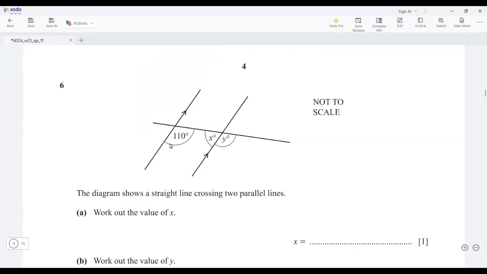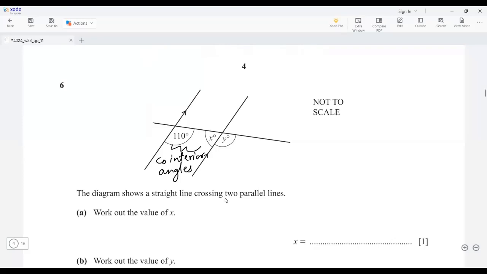So angle 110 and angle x are both known as interior angles, but in simpler words, we can call them co-interior angles. Co-interior angles are on the same side of the line which is intersecting both of the parallel lines. Both are interior but on the same side.